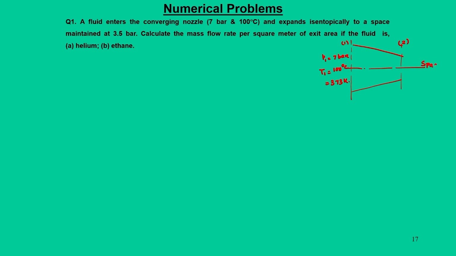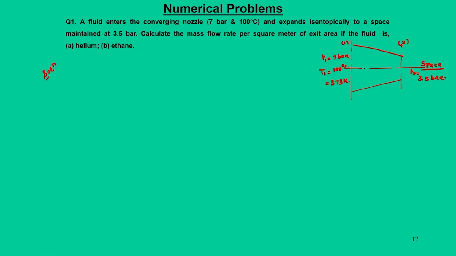This space is maintained at 3.5 bar, so you can call this the back pressure Pb as 3.5 bar.